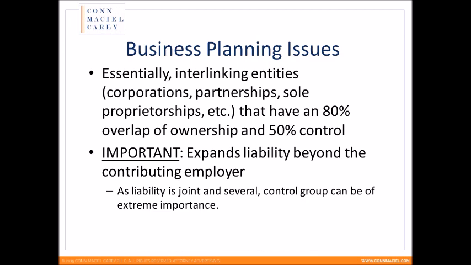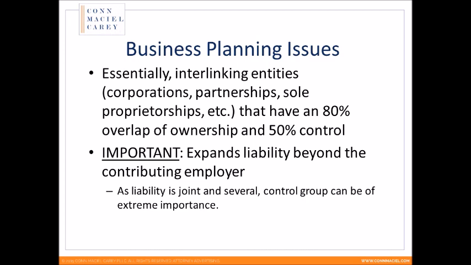It could be spread across any member of the control group. And as I mentioned, the control group could be a parent-subsidiary relationship, a brother-sister relationship. It's basically if there's common ownership of 80%, or in the brother-sister relationship with the additional 50% effective control.